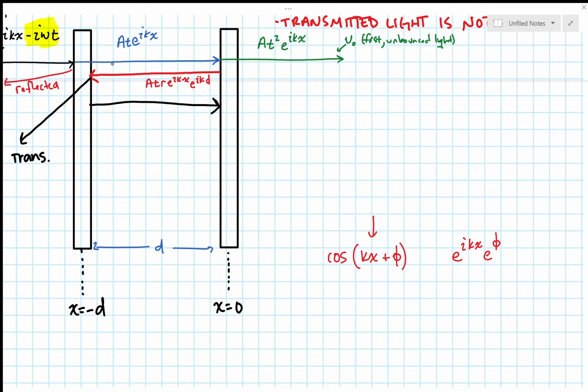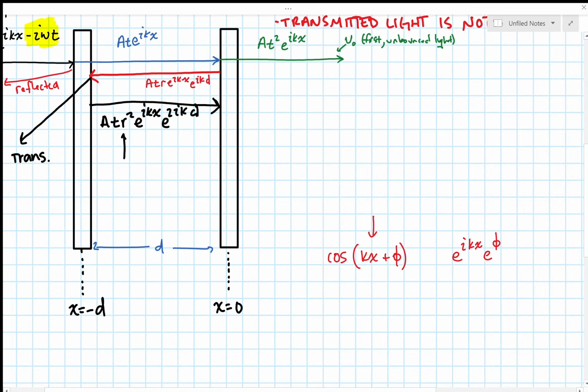But this light here has now been reflected twice. So it's A, T, just transmitted once, only the first time it went through, R squared, e to the i k x. Because it got bounced twice, it picks up this dimming reflected two times, but it also gets phase shifted twice, e to the 2 i k d.